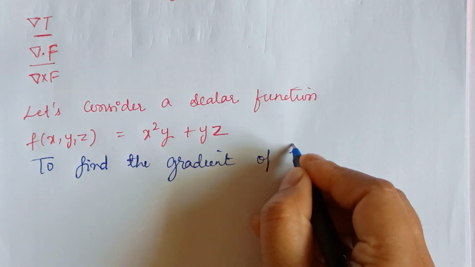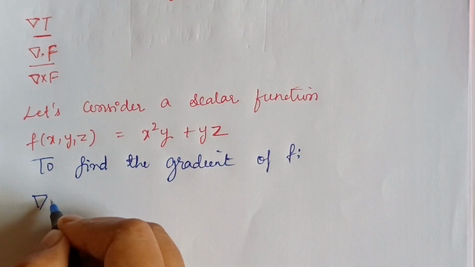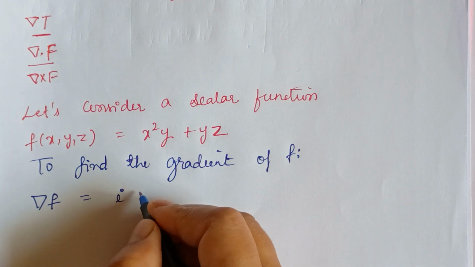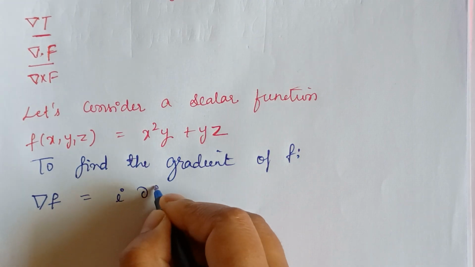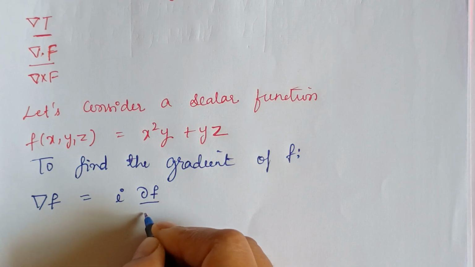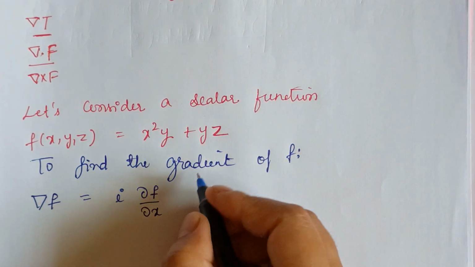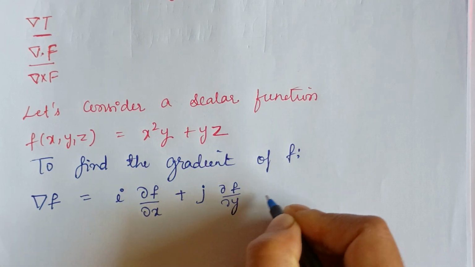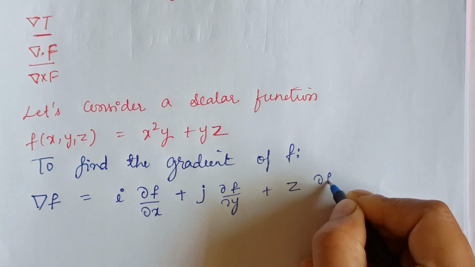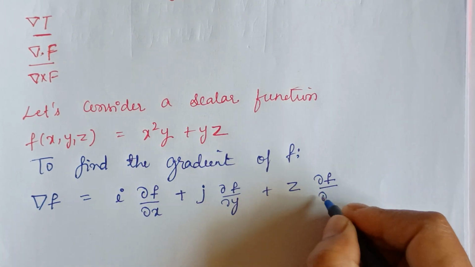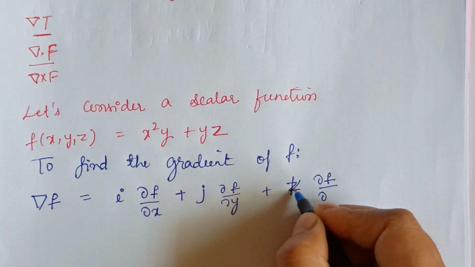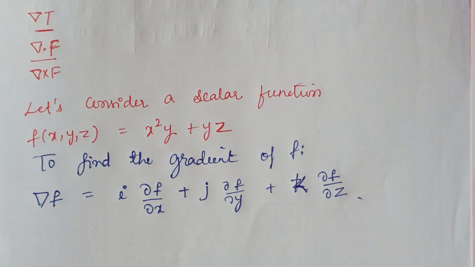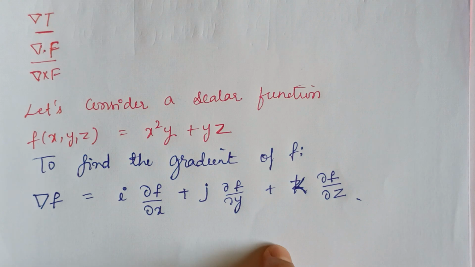That is going to be del f equals i times partial differentiation of f with respect to x, plus j times partial differentiation of f with respect to y, plus k times partial differentiation of f with respect to z. I hope it is clear till now.